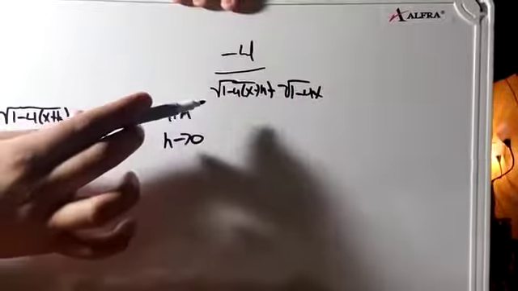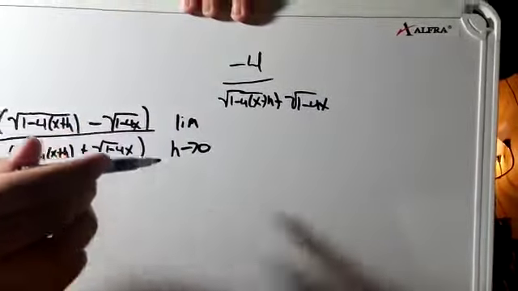Remember that 0? So the limit as h tends to 0, and every h that is here in the bottom, we're going to put a 0 in its place. So it's going to become negative 4 over square root of 1 minus 4x plus square root of 1 minus 4x.